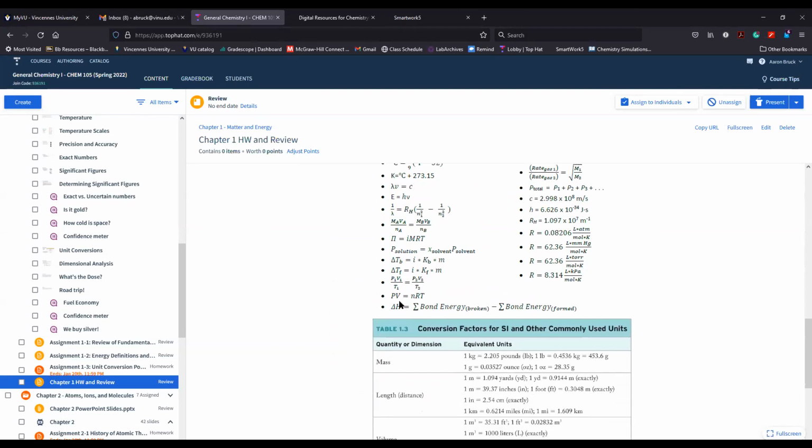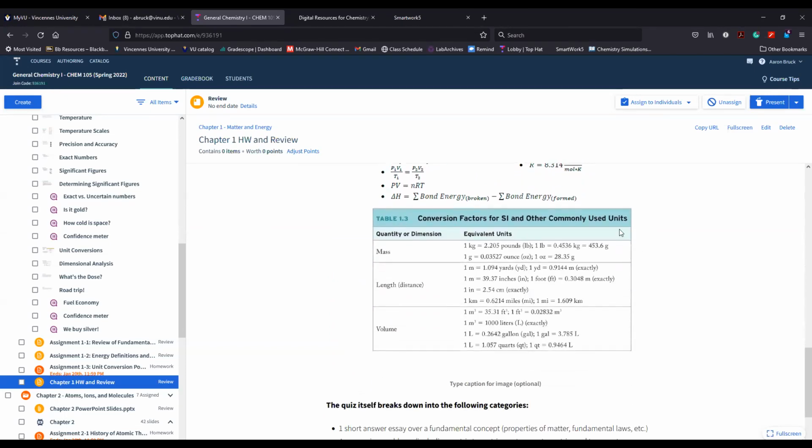And in this, you'll see this table right here. So this is table 1.3, not from this edition of the textbook, but actually from a previous edition of the textbook. You will be given this conversion table on quiz days. And so for the unit conversion questions in chapter 1, this will be a useful table to you.